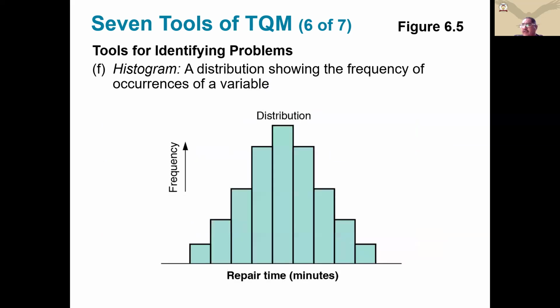Okay, the sixth one, we have the histogram, a distribution. So you also have a frequency table, but you're looking at the histogram trying to find the average, and trying to make sure that anything being produced falls within a certain margin of error.